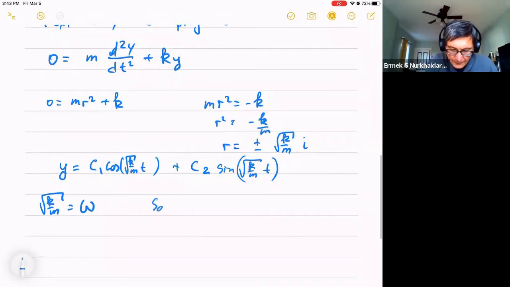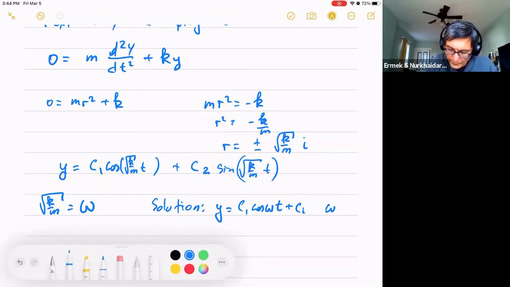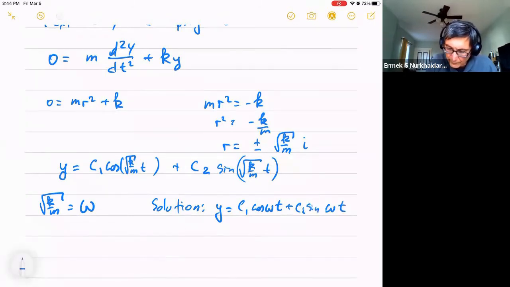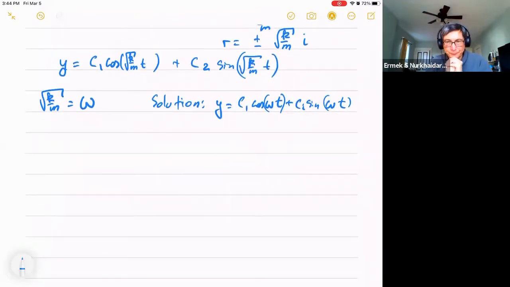So our solution is going to look like y equals c1 cosine omega t plus c2 sine omega t. We know how it goes. Good. So that part hopefully is straightforward.